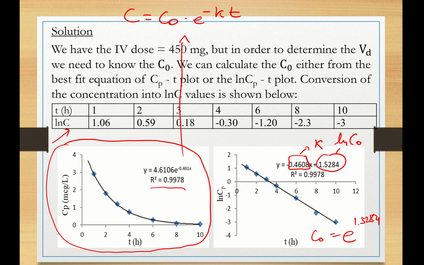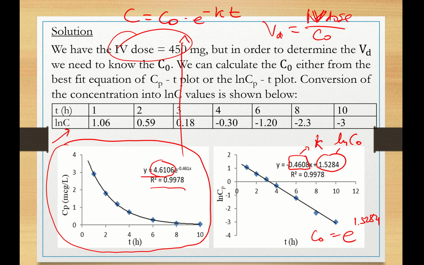All right, now from the C0, once you determine the C0 and you have the dose, you can use the equation VD is equal to IV dose over C0 and determine the VD. As simple as that. Now, in the future lectures, you're going to learn another way to determine the VD from K and clearance.